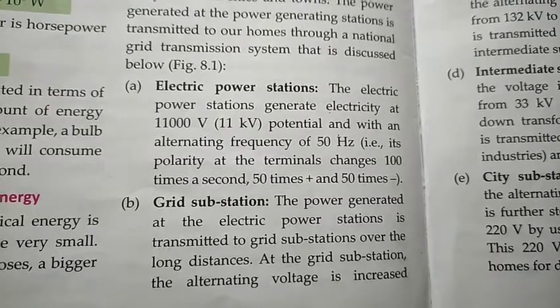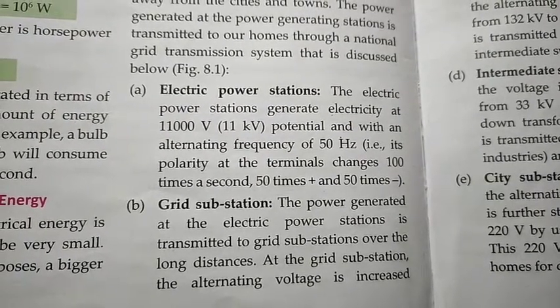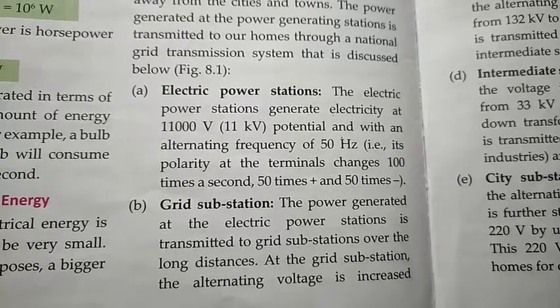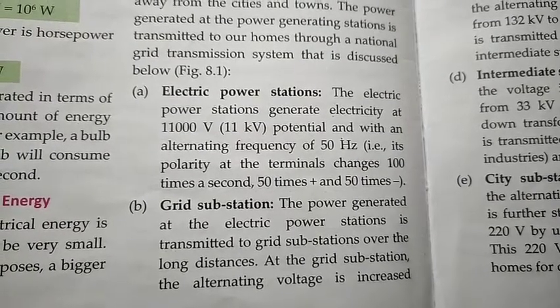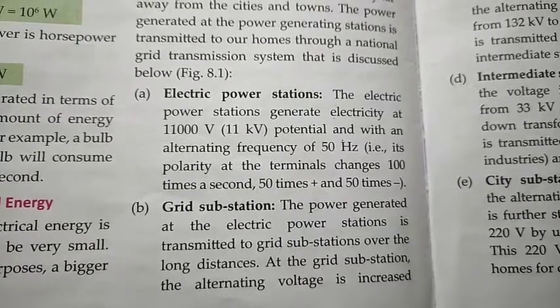So first is electric power station. At the electric power station, electricity is generated at 11,000 volt or 11 kilovolt potential, and with an alternating frequency of 50 Hz.